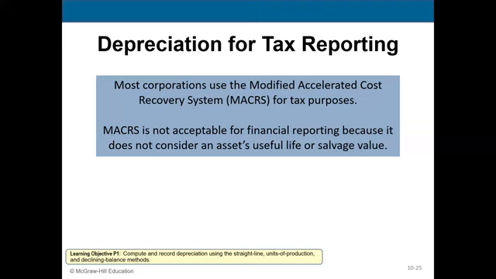Sounds cute, right? If you go to the IRS's website and search for MACRS, you'll come up with this crazy cost schedule. It's really good at telling us how long things are supposed to last for tax reasons.